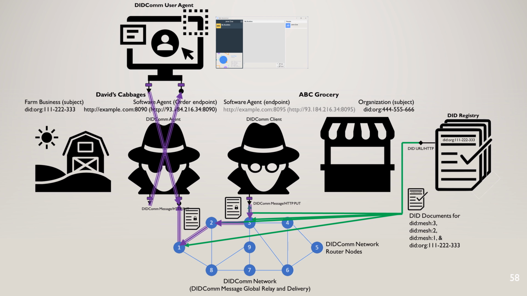It's the same as the layer 4 model, which is the mesh network model, but only with the addition of the user agent. The user agent will also work in layer 2 and layer 3, where you're just doing point-to-point messaging, or point-to-point messaging with attachments as well.